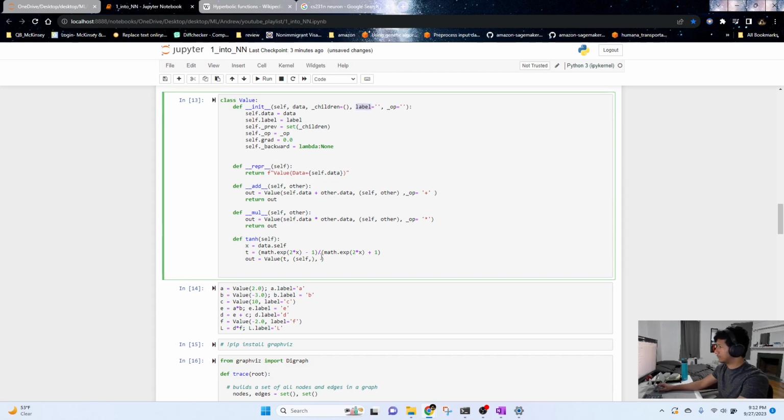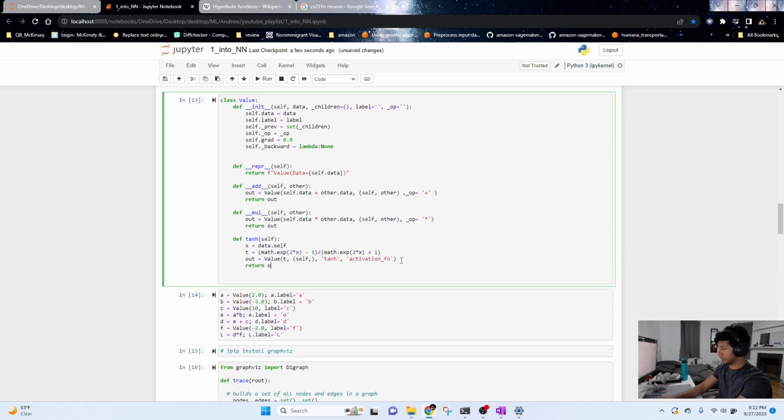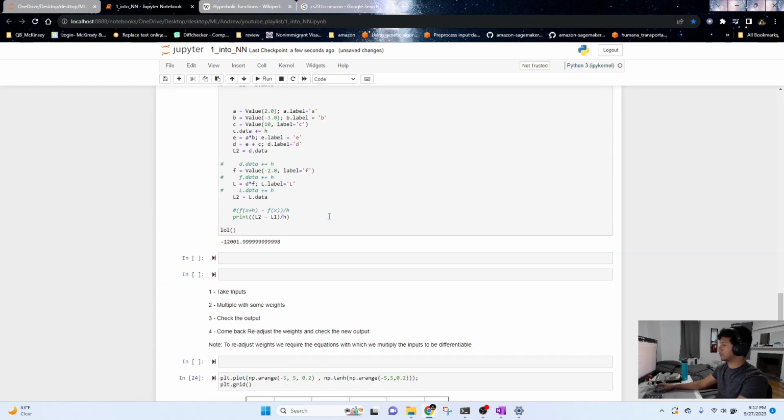The label we can skip for now, let's leave it blank. Actually, the label is basically tanh. The operation is something we'll skip because it's not straightforward to represent, or we can type it as activation function. Once this is done, we return the output.